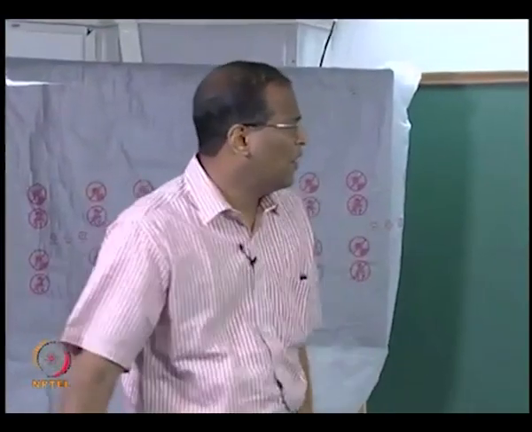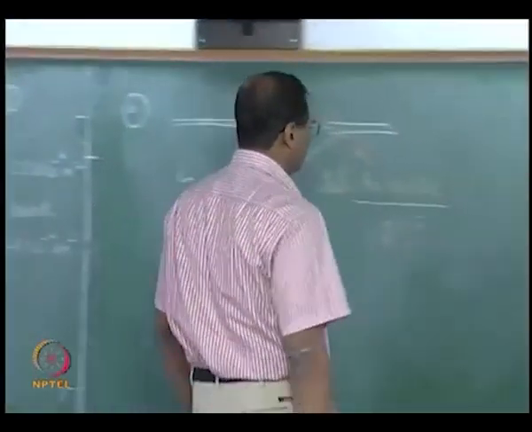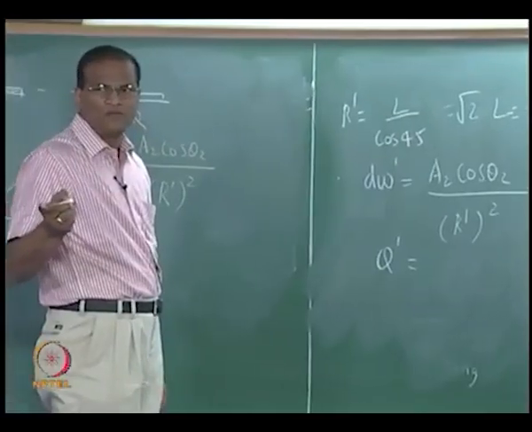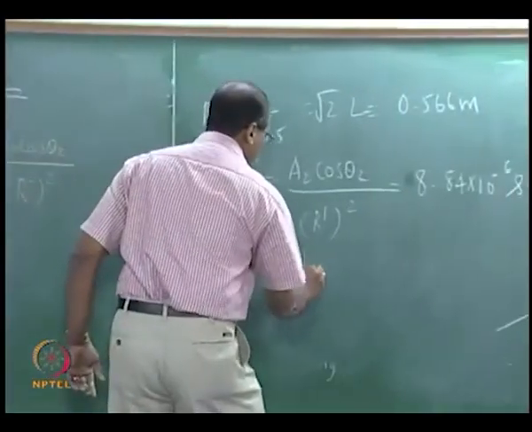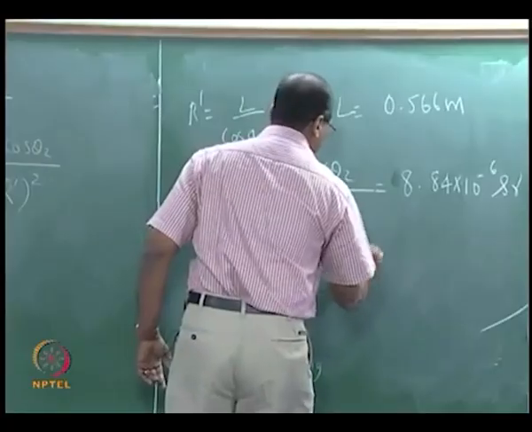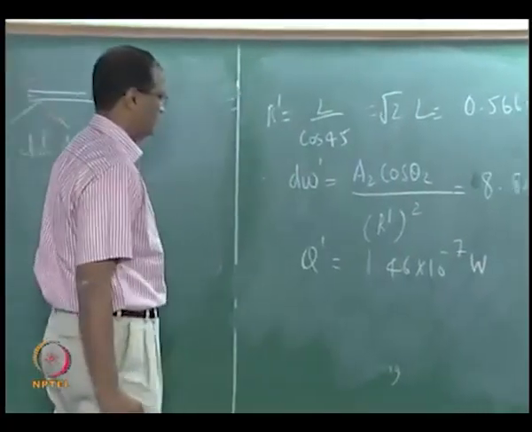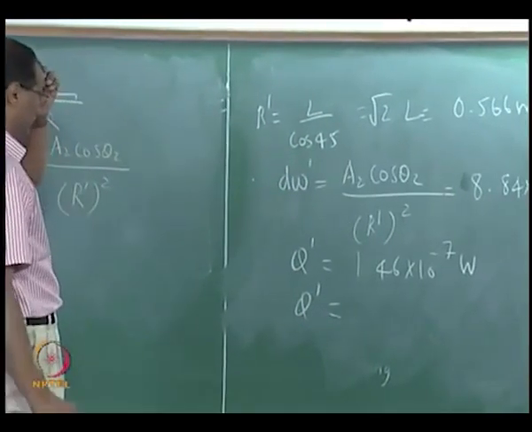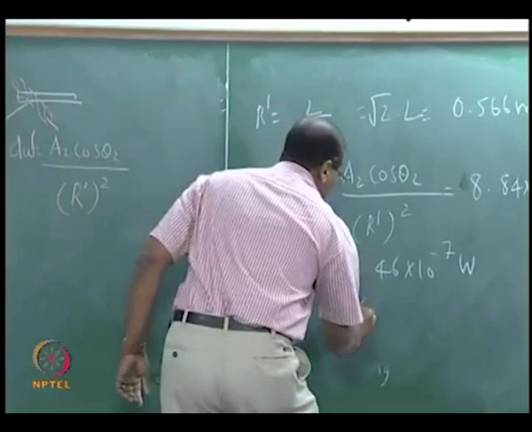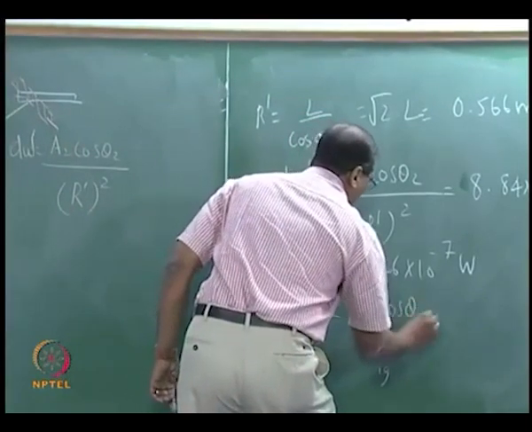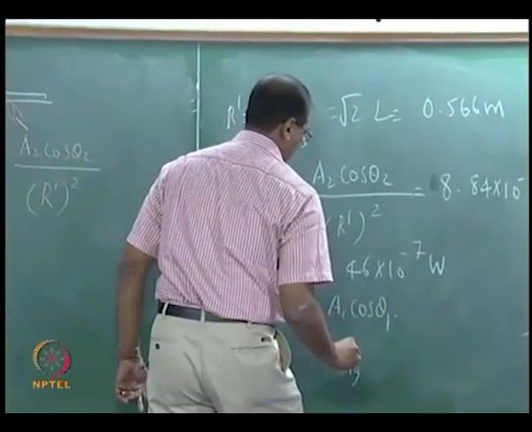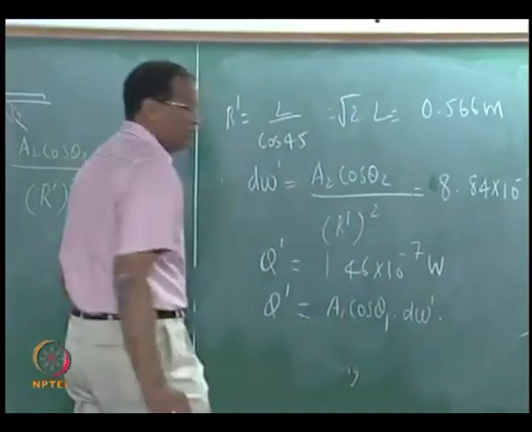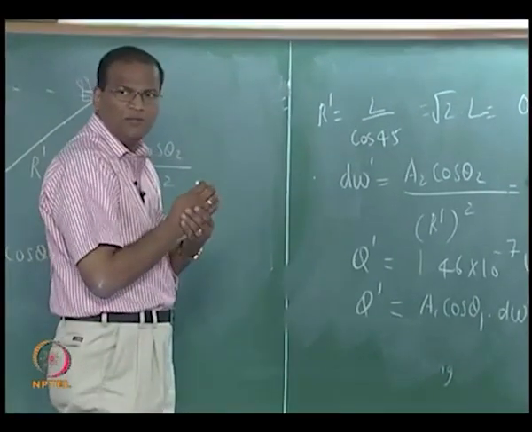Okay. Now what do we do? Q equal to Q dash, and what is given? 1.46 into 10 to the minus 7. Q dash is also equal to d omega dash, IB.